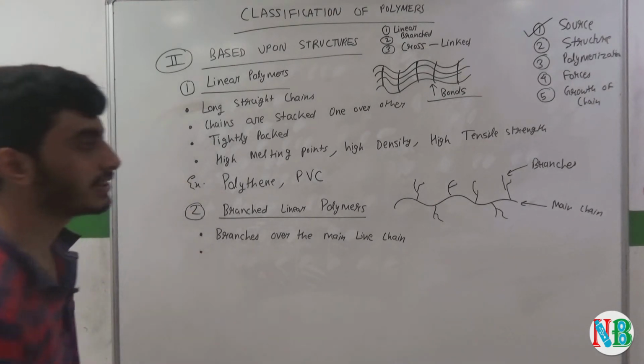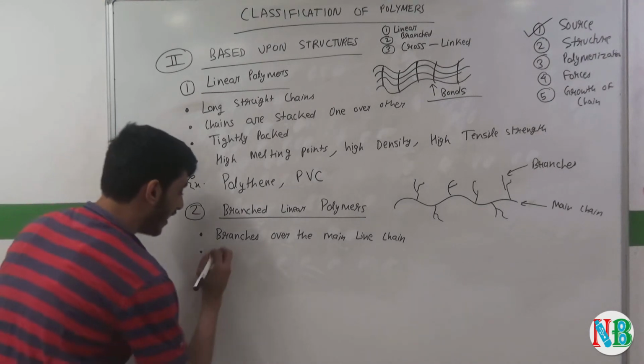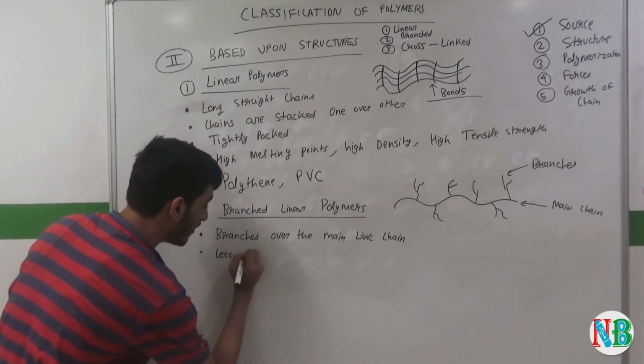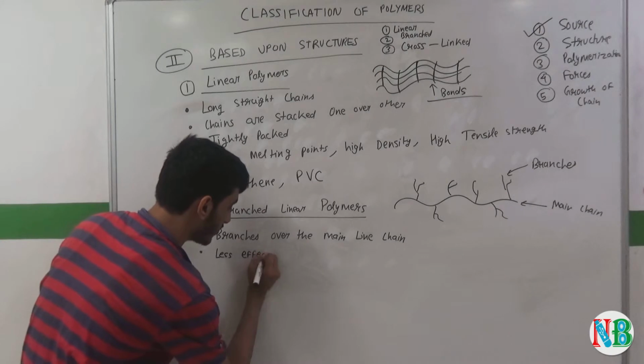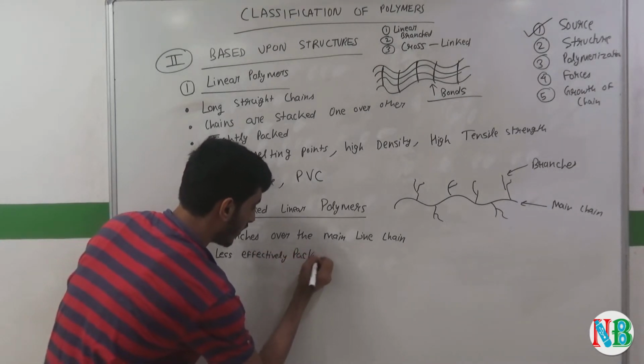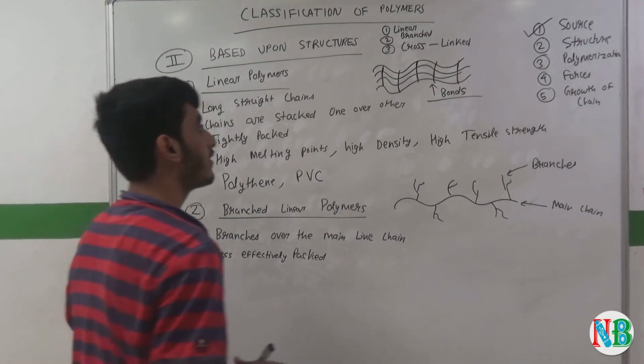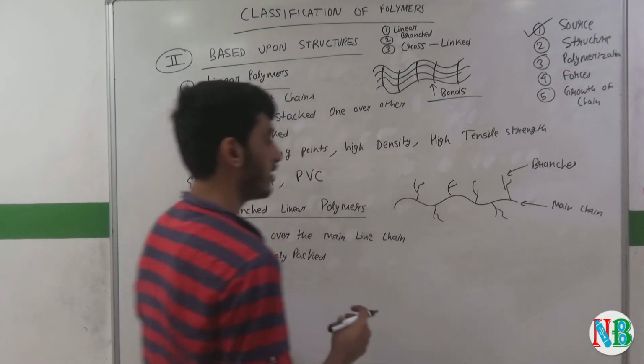Now these branches cause one thing: they are less effectively packed. Whereas over here, we saw that they were very nicely packed.